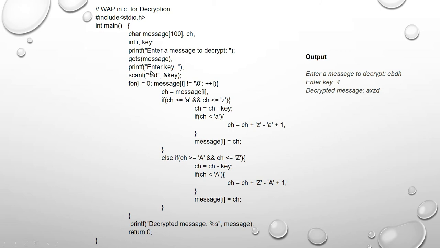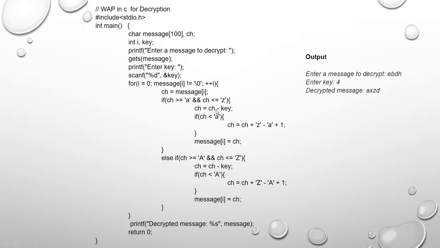Now same, the enter key value is there, here I am accepting the key value, then it checks the loop, whether the loop starts from 0. It starts from 0 and it will continue how many times? Until the null value is reached. Then the same choice is accepted here, storing the message[i] location value in ch, again checking the choice.